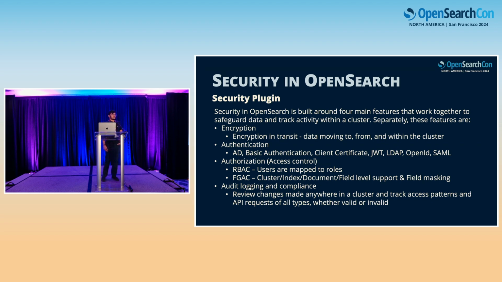The second feature that we can talk about is authentication. The security plugin offers different ways to authenticate or identify your users to the system, here being an OpenSearch cluster. The security plugin supports Active Directory, Client Certificate, JWT, SAML, a bunch of these open protocols. Once you have identified the user, as Prabhat mentioned earlier, we need to authorize whether the user is allowed to perform an action or not.